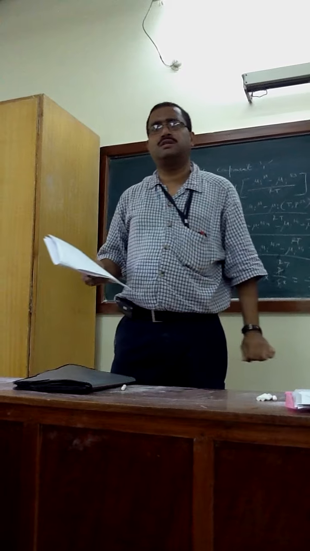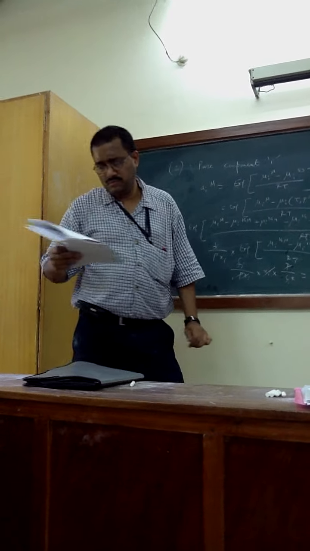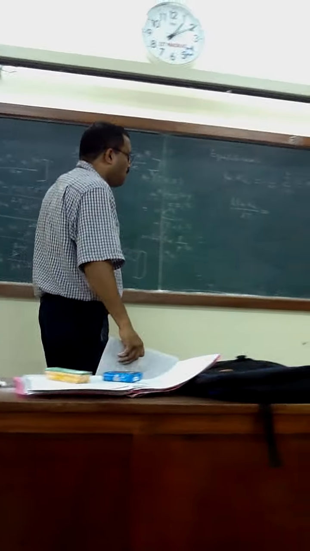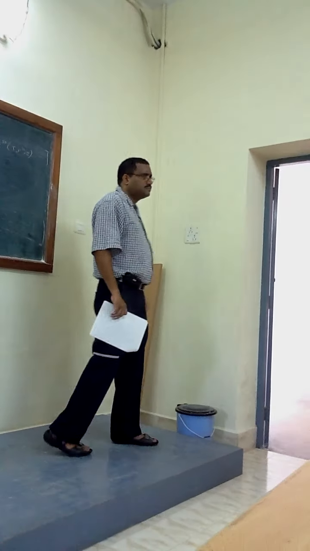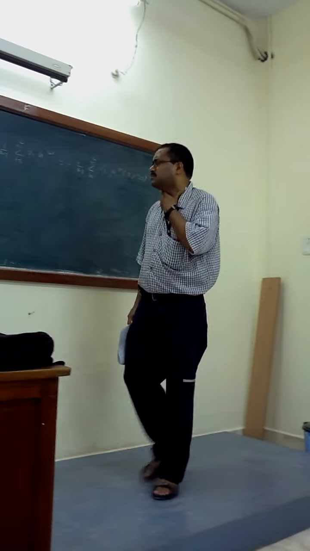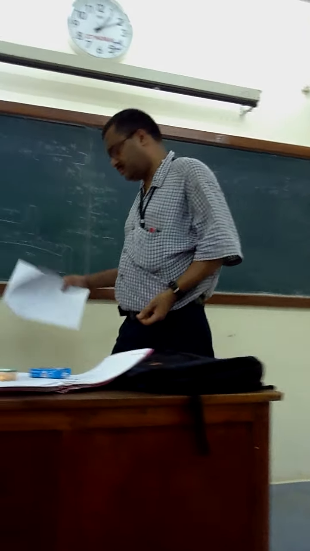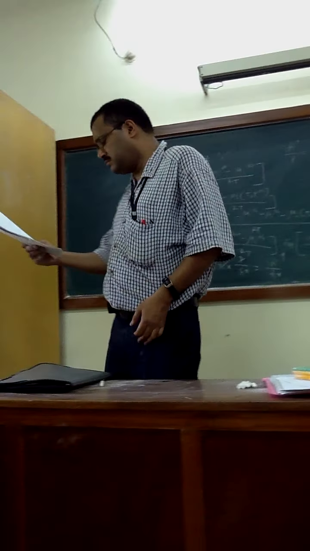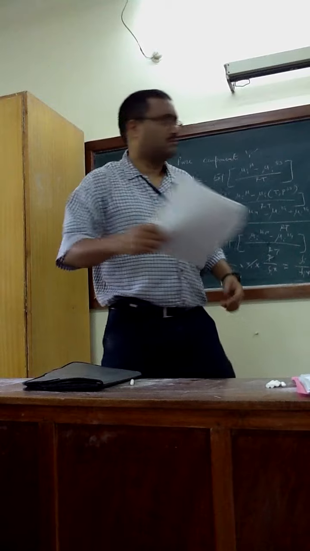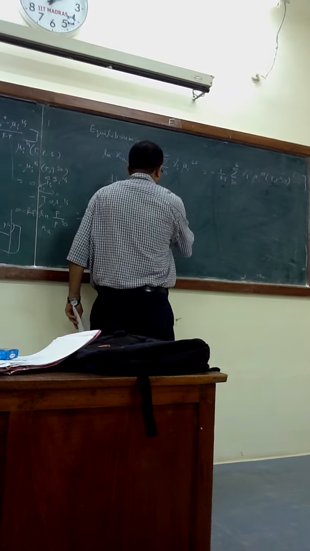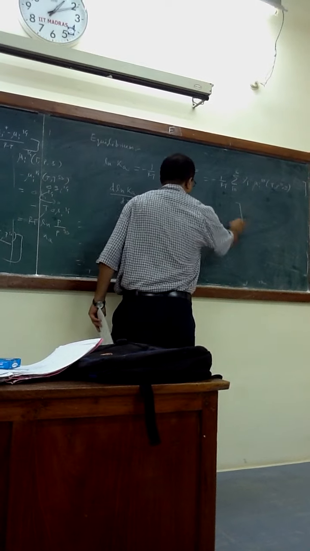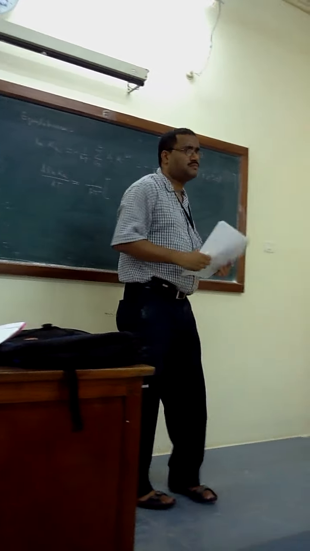If I say 1 by RT square, what are the two terms?